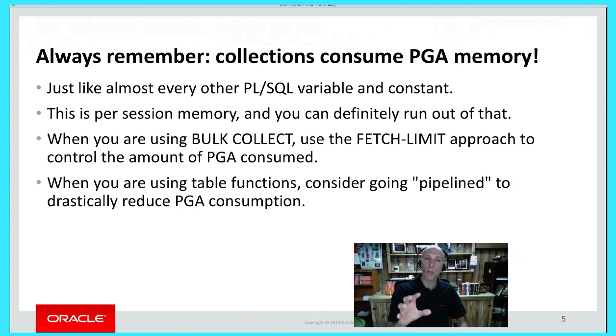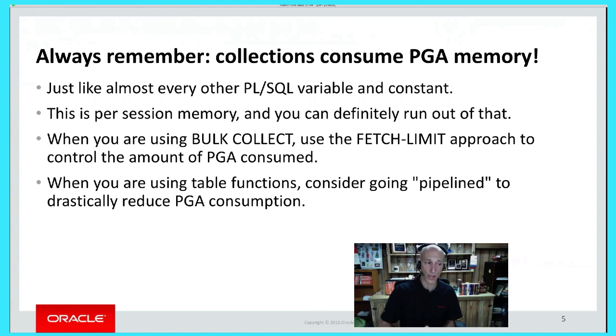So the thing to remember when using collections is that they consume PGA memory just like an individual string variable, but with a collection, you can have 10 or 1,000 or 10,000 or 1,000,000 elements in that collection, each one of those consuming PGA memory. So with individual variables, you don't really care about PGA memory very much. With collections, even with large records or object types, you need to pay attention.